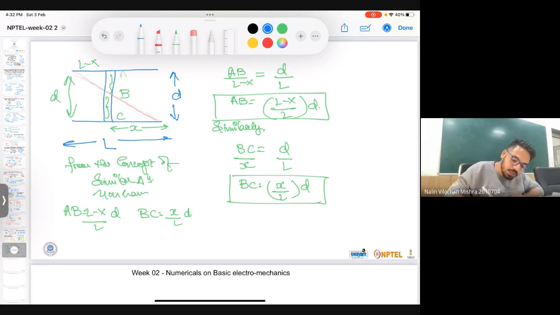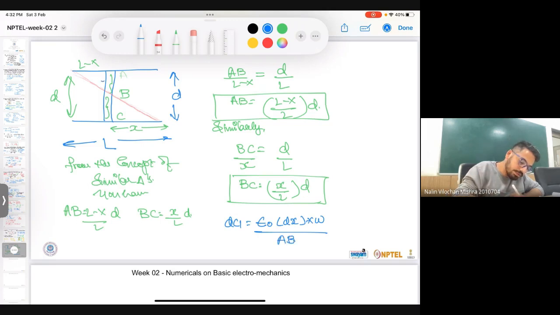Okay, so now dC1 can be written as epsilon naught, the area being dx times width, by AB.